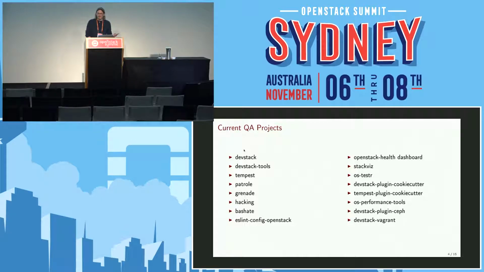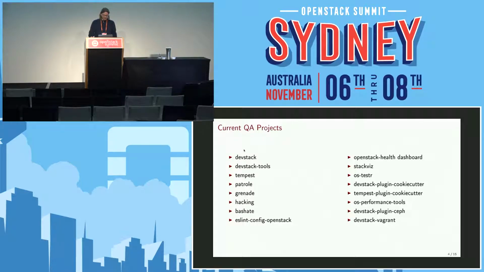DevStack is a cloud deployment tool, which is both the development environment that you can use if you want to develop on OpenStack, and it's also the tool that we use to deploy clouds in CI. And DevStack tools is a Python part of it with a number of functionality. Tempest is the integration test suite that we use for running tests.